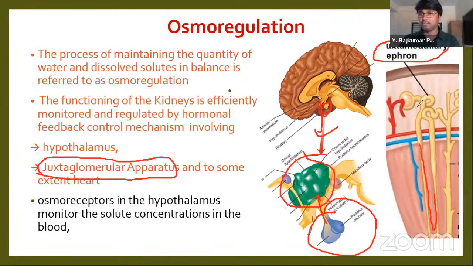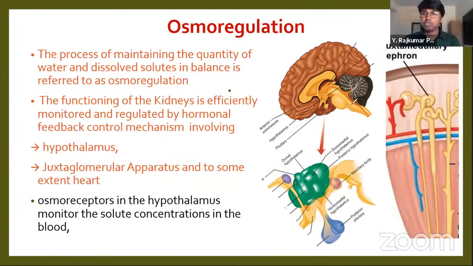The cells present in the juxtamedullary nephron and the macula densa of the DCT together are known as the juxtaglomerular apparatus, and they release some enzymes and hormones, and they control this osmoregulation. And osmoreceptors are present in the hypothalamus, which monitor the solute concentrations of the blood.